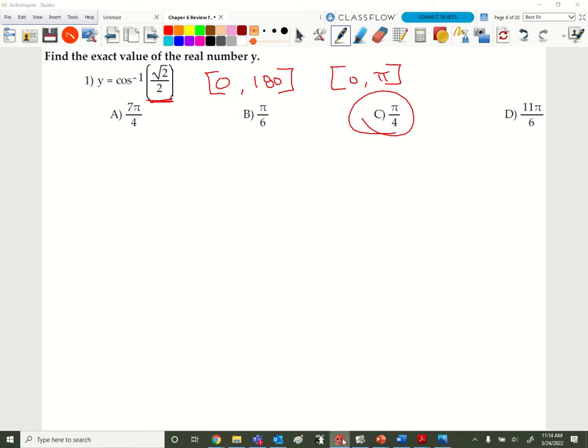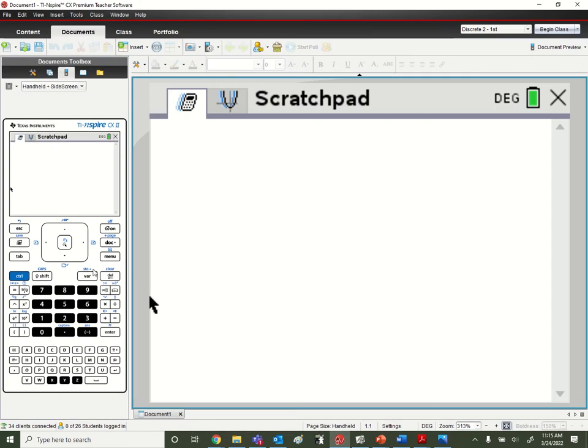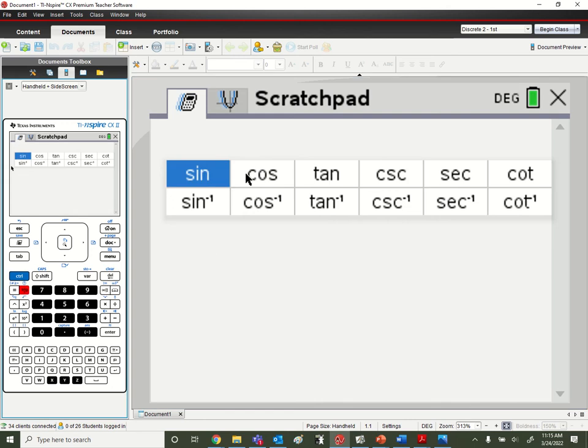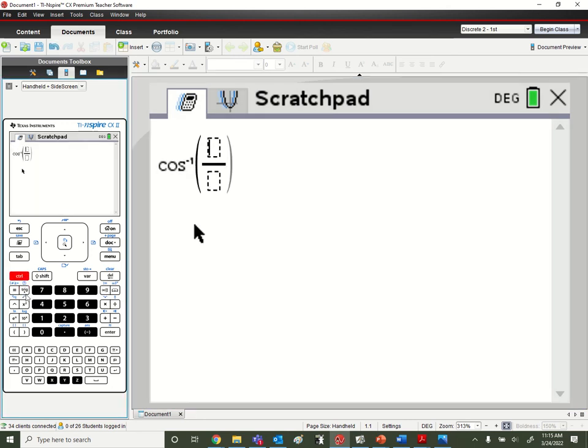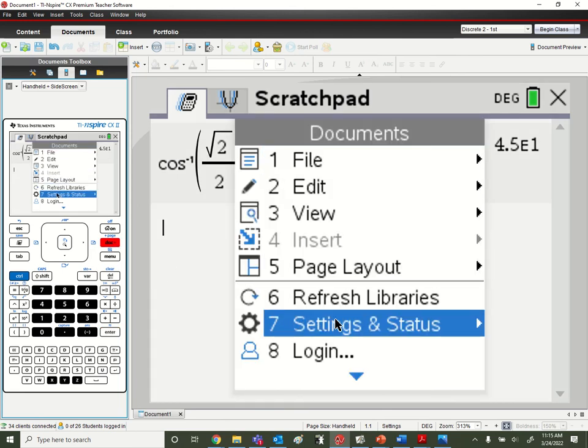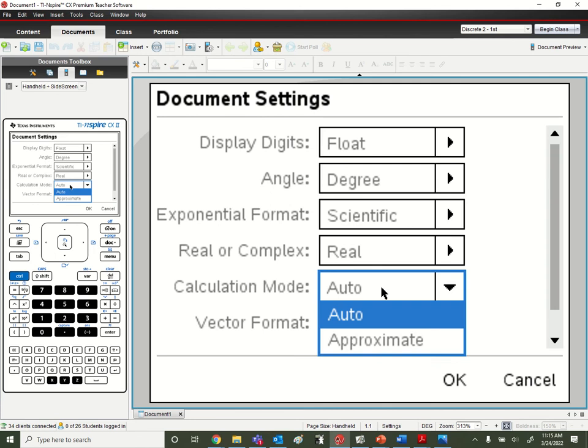Now, let's look at the calculator. And I'm going to bring up my calculator here. There we go. All right, calculator. So set it to degree. And I'm going to go inverse cosine of rad 2 over 2. Enter. Now, I still got scientific notation turned on. Give me a second. Settings, document settings, and I don't want scientific.